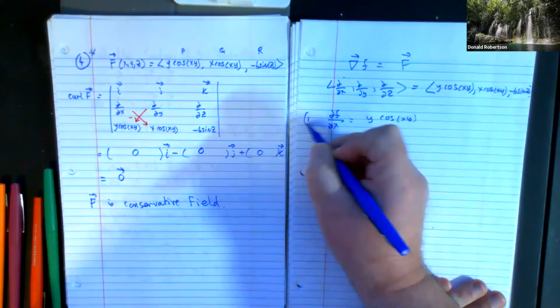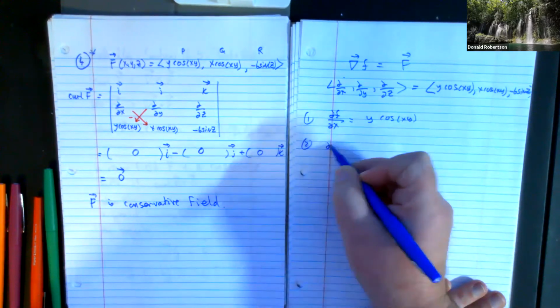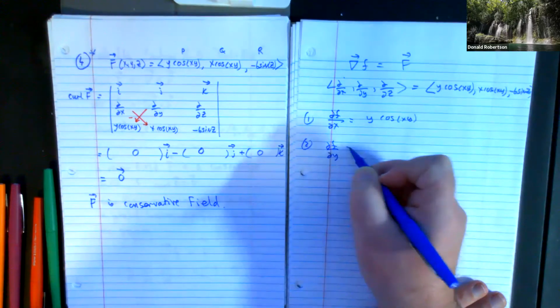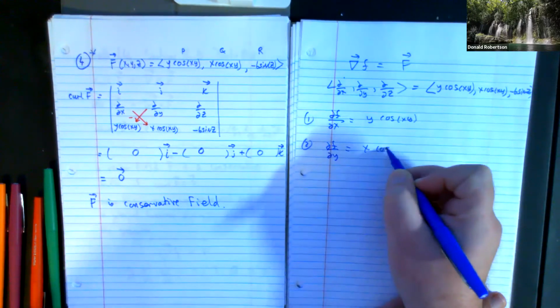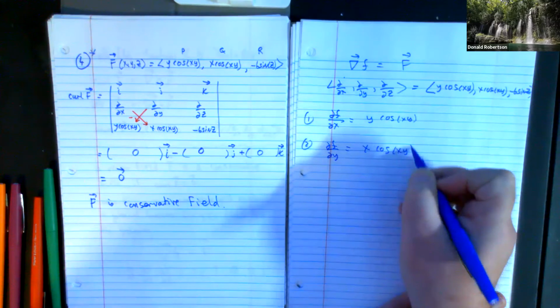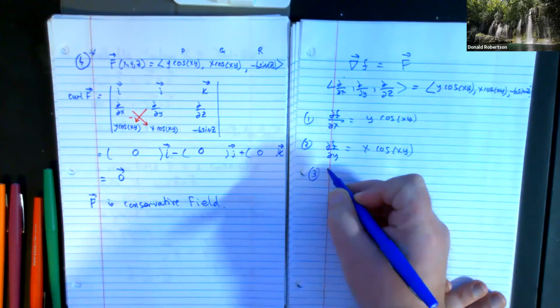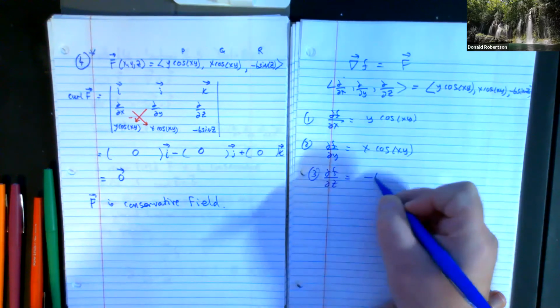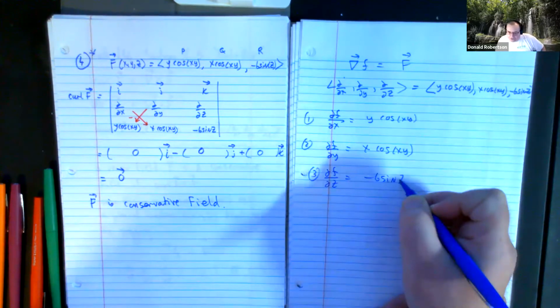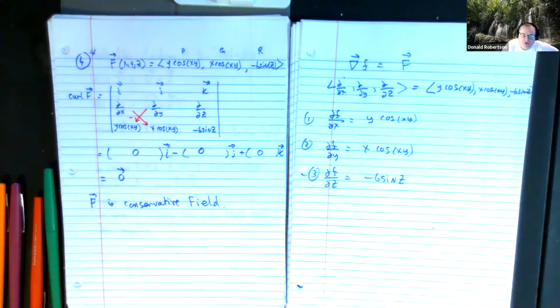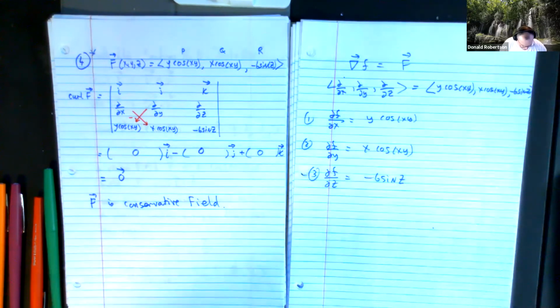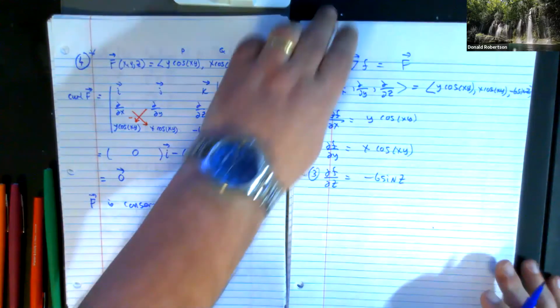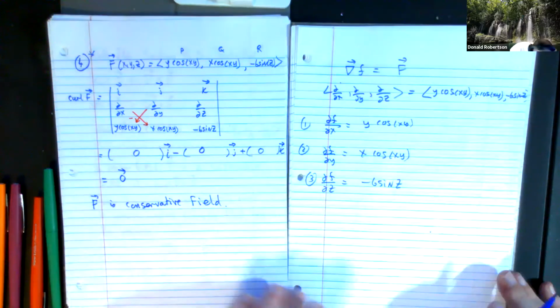My second one says df by dy is going to be this guy. And my third one says df by dz is going to be this guy. So the process of using this information to create the potential function involves integration.